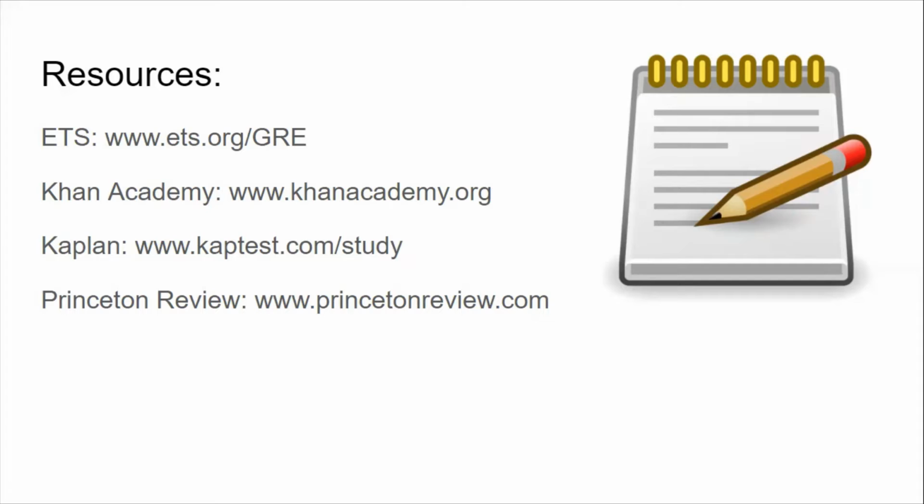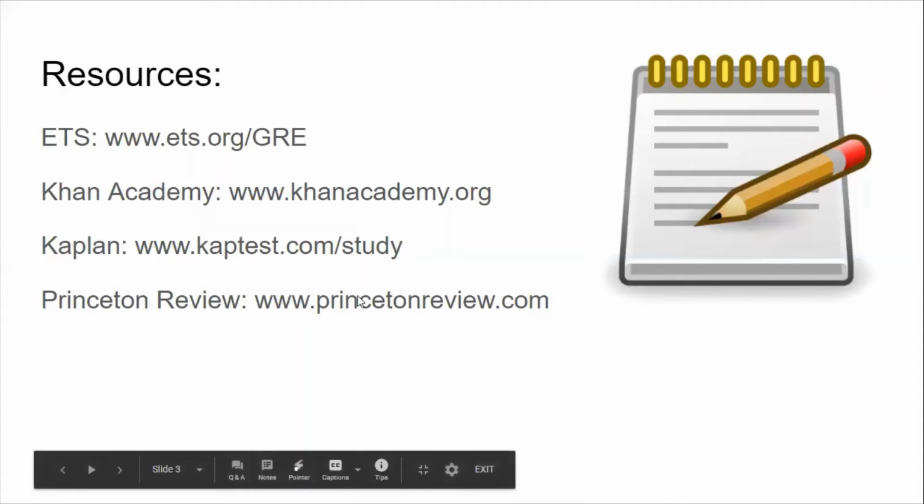I've been out of school for a number of years, so some of the information was quite the refresher for me, as I'm sure it is for others as well. And then Kaplan and Princeton Review are 2 other resources for tutorials and explanations and strategy for the test, knowing that it is timed and there are certain things that you can do to set yourself up for success. If you haven't utilized these resources yet, I would strongly recommend it.